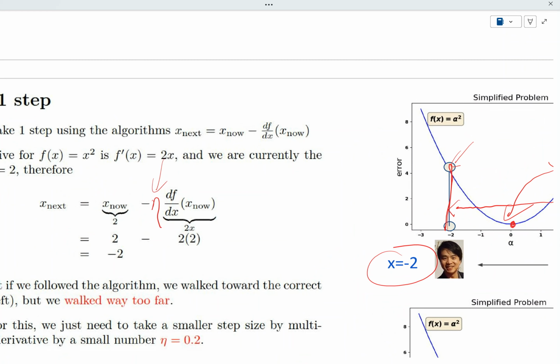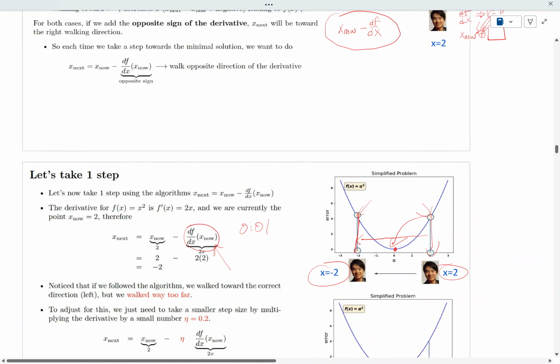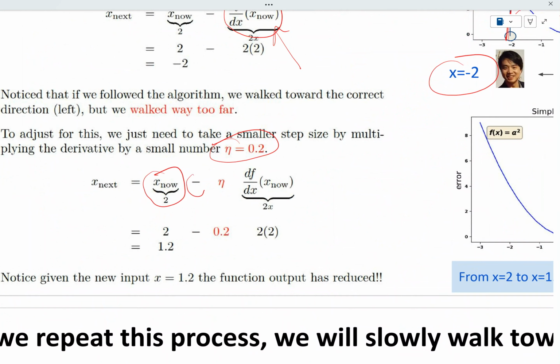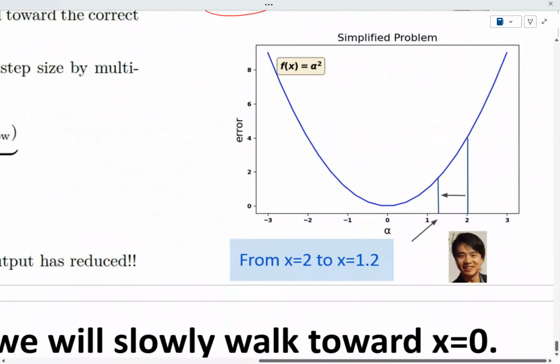This eta could be 0.1, so that's 10% of the derivative, or you can do 0.01, so that's 1% of the derivative. For example, let's pick 0.2. You take the derivative at your current location, and you do the opposite of whatever the derivative is, times some kind of smaller step size. And when you do this, you end up here.